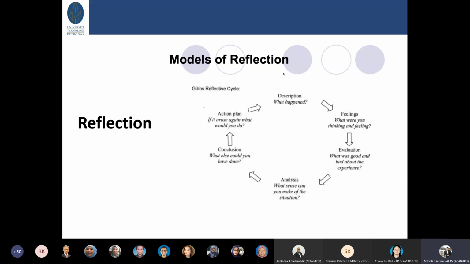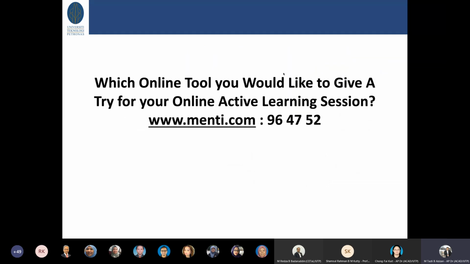So I would recommend using the Gibbs reflective cycle, where you can have a template that the students need to fill up, writing down their own reflection on the learning. So I really recommend the students write the reflection, so that it is ongoing.